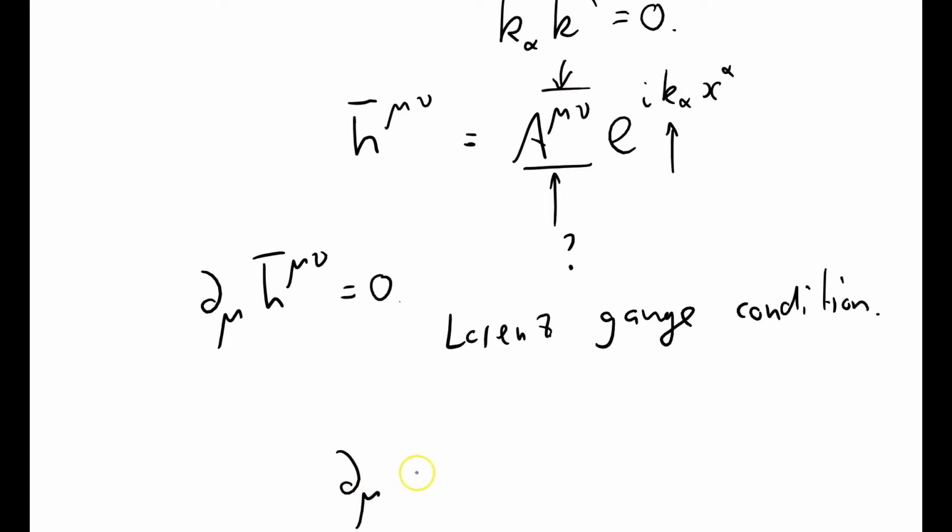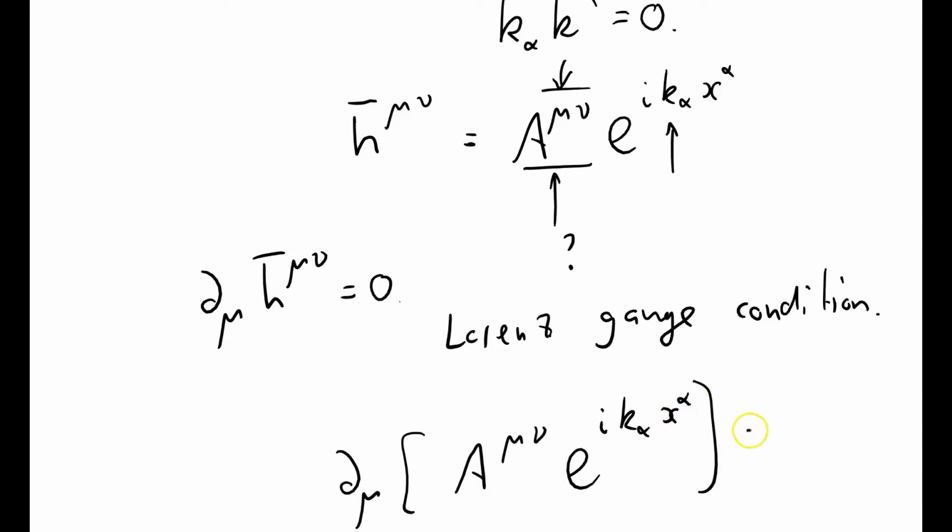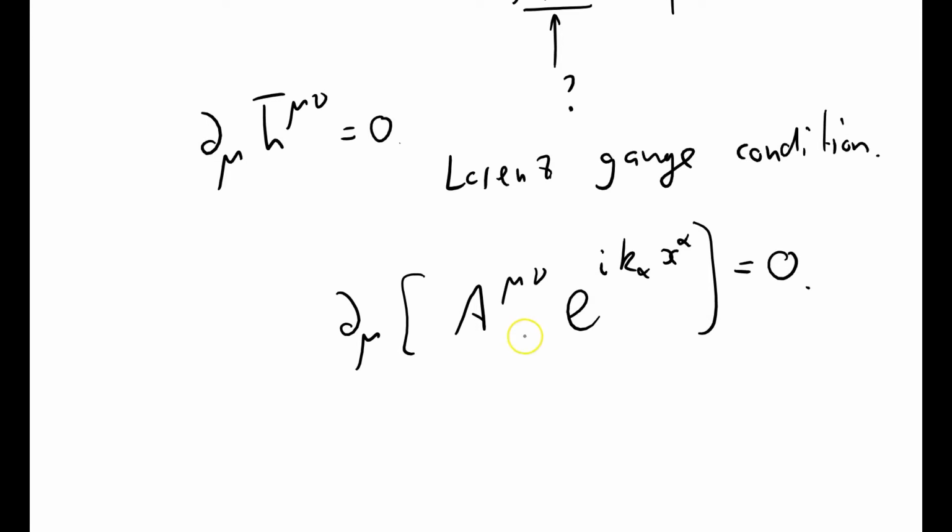Well, it says ∂_μ acting on [A^μν e^(i k_α x^α)] equals 0. Well, that's great. Now, I specified all along that this thing here is constant. Actually, I'm going to write out a sum over μ explicitly. It just makes things a little bit clearer.